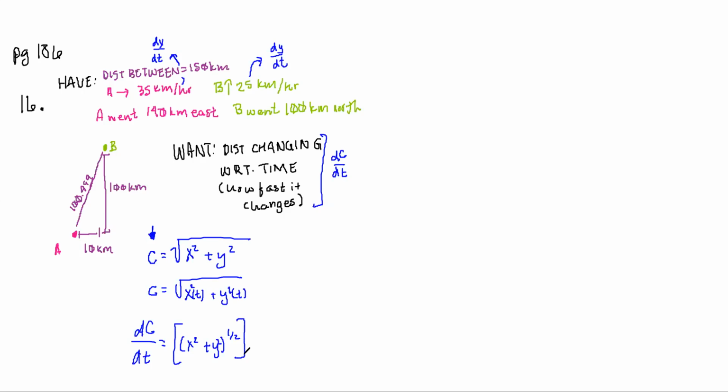All right, now we need to go ahead and use some of our derivative rules. How am I going to take that derivative? Yes. I'm going to be using the chain rule.